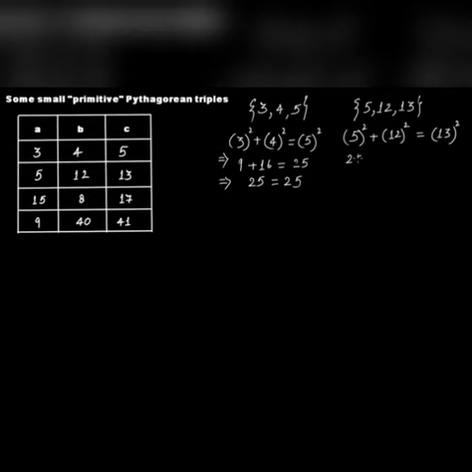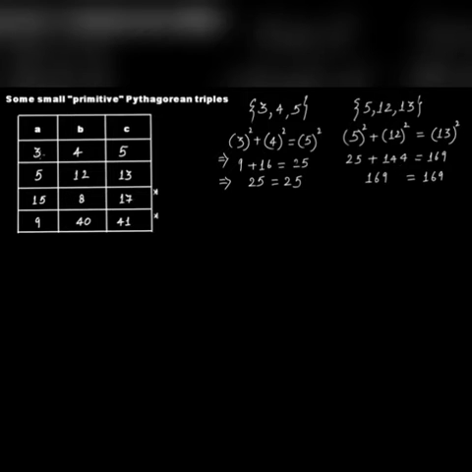So 25 plus 144 should be equal to 169. So 169 is equal to 169. Yes, the condition gets satisfied. Yes, these are Pythagorean triples. You can check for this one in the same way, and you can check for this one in the same way.